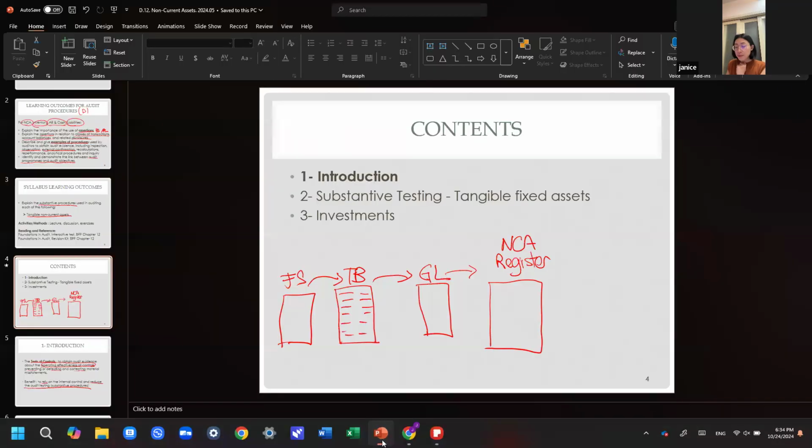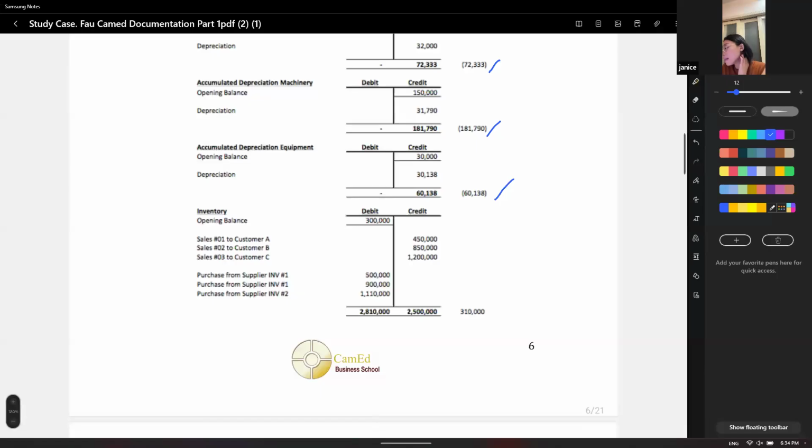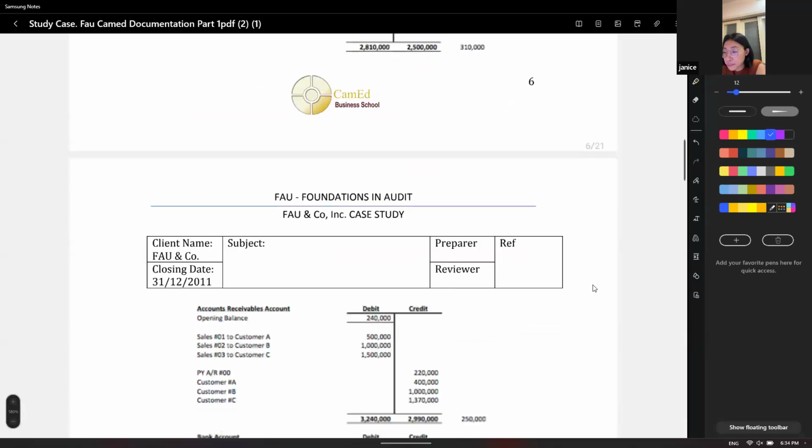So if we go back to my drawing here, the amount from the GL comes from the non-current asset register, right? That's the source document that the client used to verify their non-current assets. So let's have a look here.